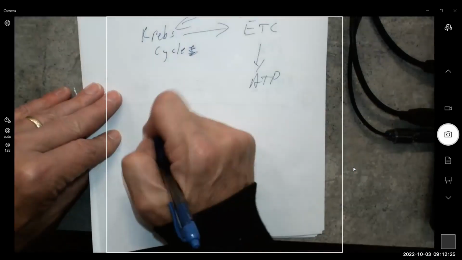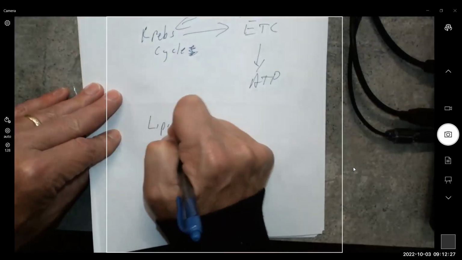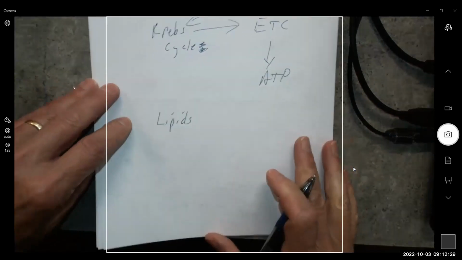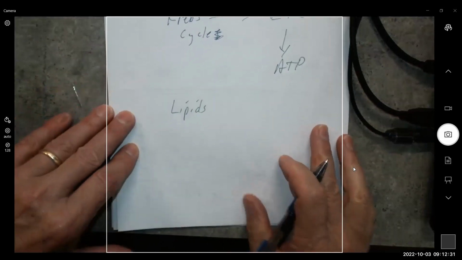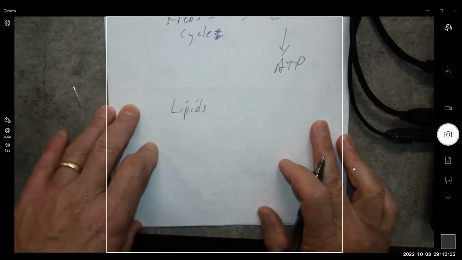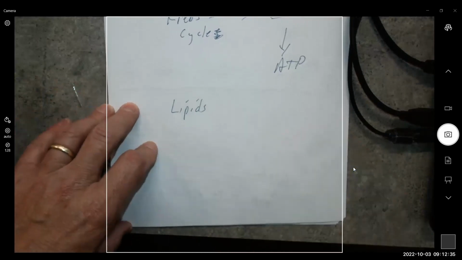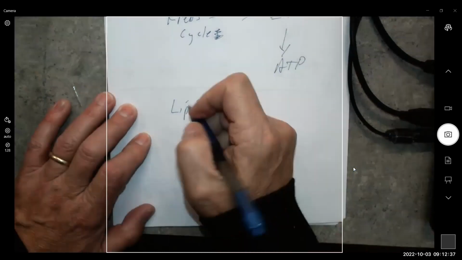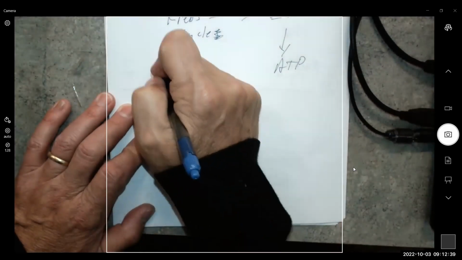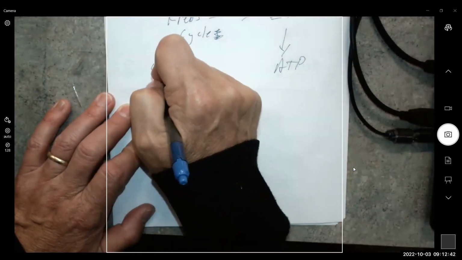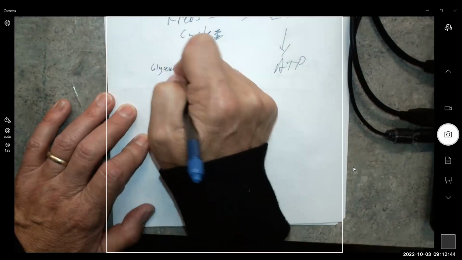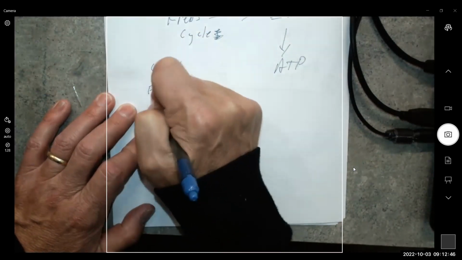What about lipids? What are lipids made of? They're fats. What are fats made of? They're made of glycerol, esterified to fatty acids.